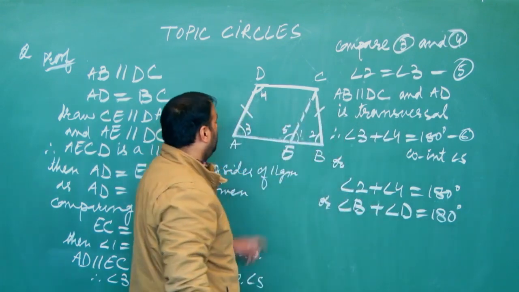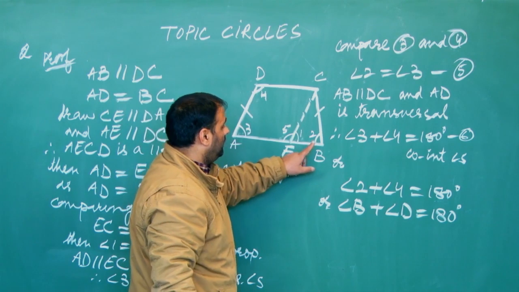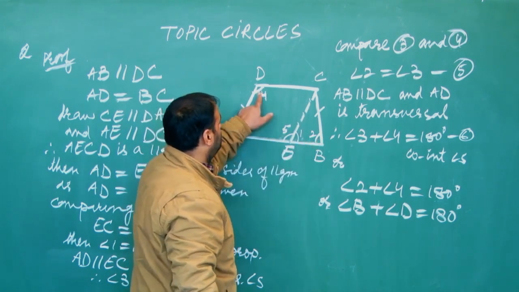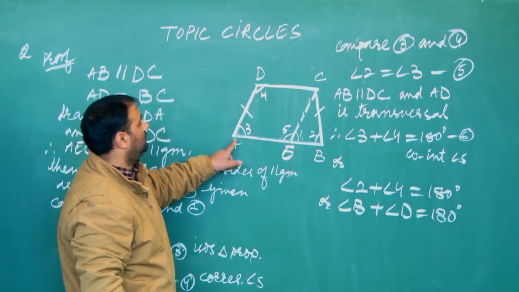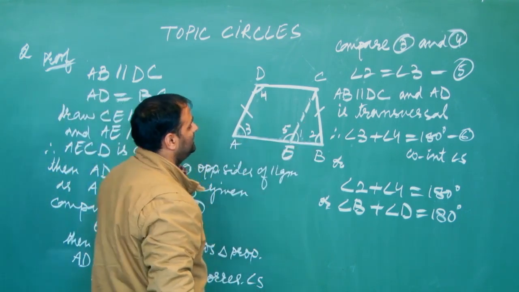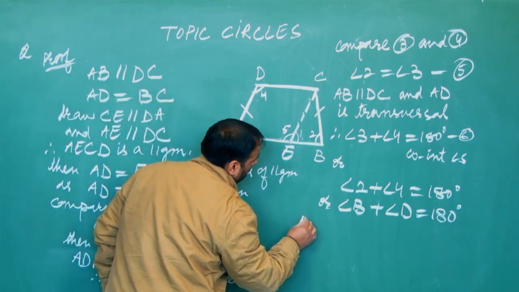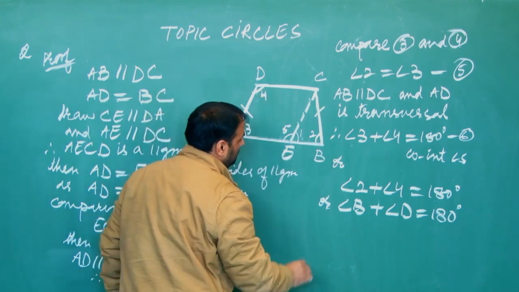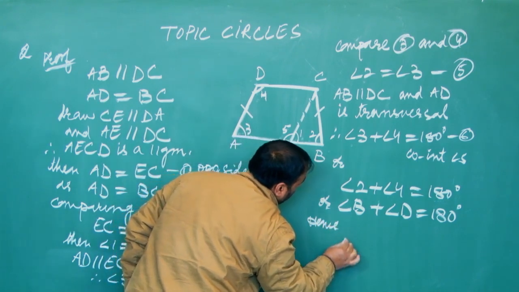That means in quadrilateral ABCD or trapezium ABCD, we are able to find that the sum of the opposite angles is equal to 180, which means that trapezium ABCD is a cyclic quadrilateral. Hence, it is proved. As sum of the opposite angles is 180, it is proved that ABCD is cyclic quadrilateral.